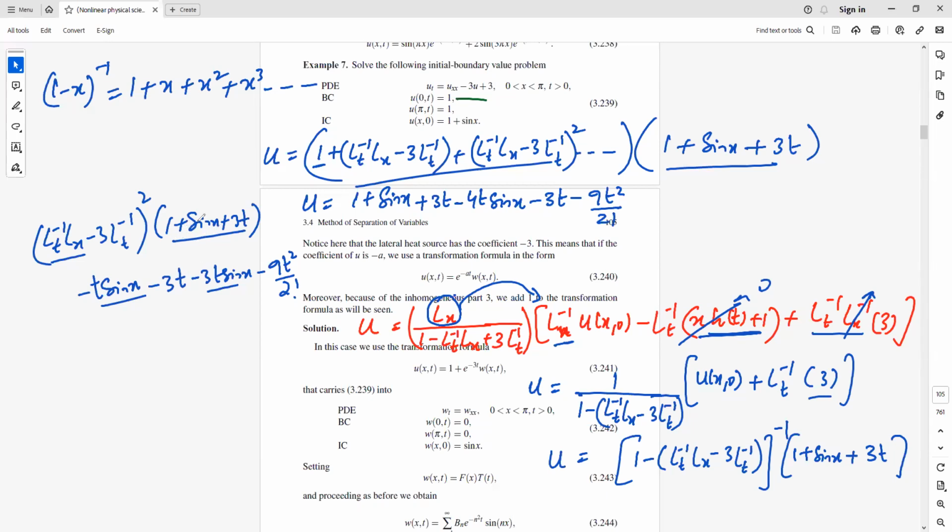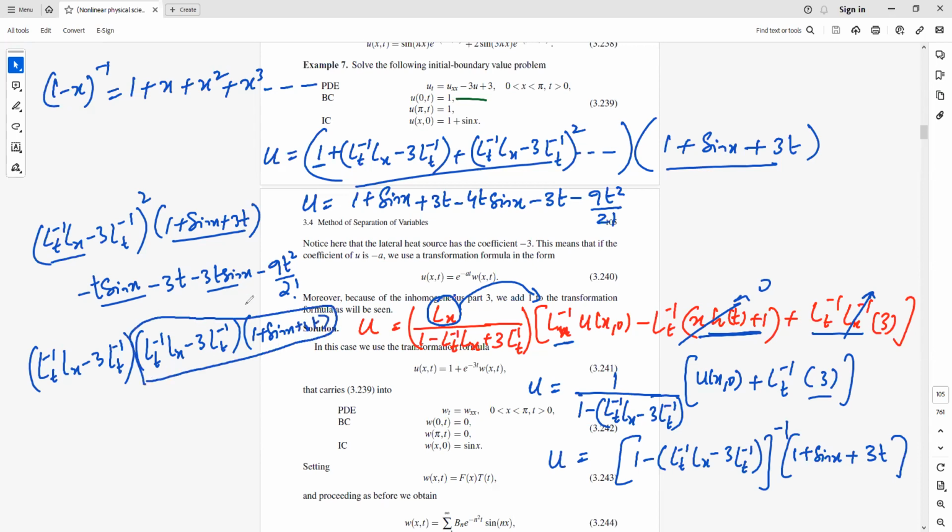We can write this as LT inverse Lx minus 3 LT inverse is again applied on LT inverse Lx minus 3 LT inverse is again applied on the function 1 plus sine x plus 3t, and this result we already have, this whole part. So we just need to apply this operator on this whole part.